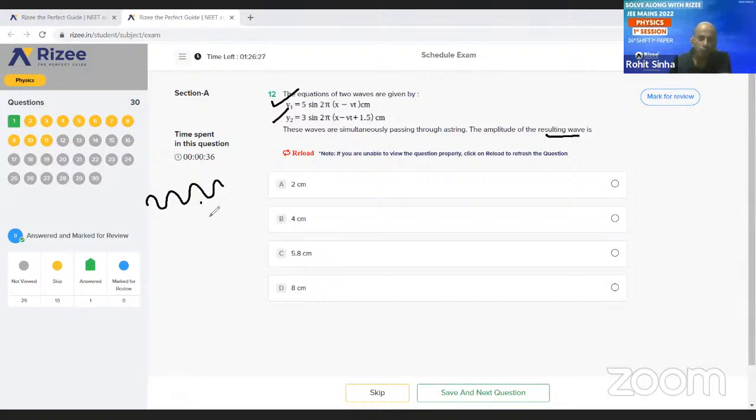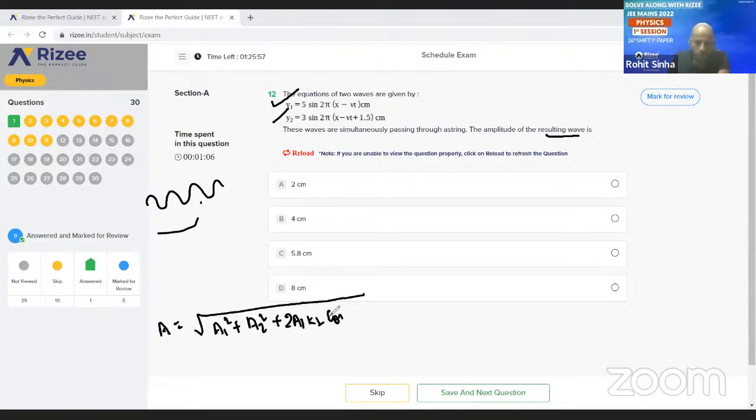To find the amplitude of the resulting wave, we know the formula. The amplitude is given as √(a1 square plus a2 square plus 2 a1 a2 cos theta).